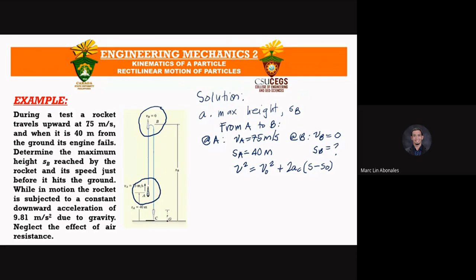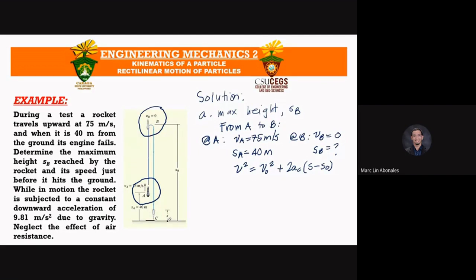So the v on the left side is the final velocity, and the s with no subscript is the final position. To use this, we substitute the letters representing the initial and final points. The initial point is A, the final point is B.